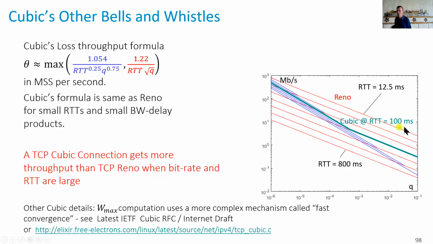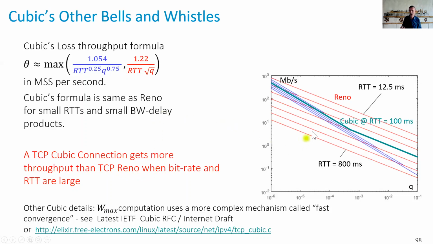There is still a dependence on the RTT. When the RTT is 100 milliseconds, for example, this is the loss throughput formula of Cubic. When the loss probability decreases, which means when the network is less and less congested, the rate of Cubic increases. But you see here, this is a logarithmic scale, so it increases much faster. So the take-home message: the TCP Cubic connection gets more throughput than TCP Reno.